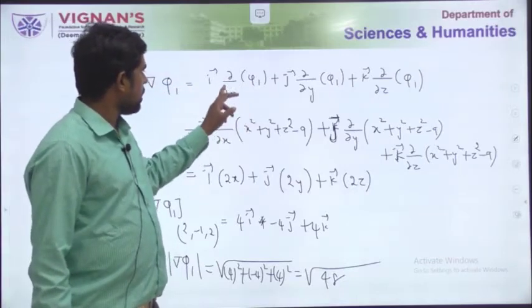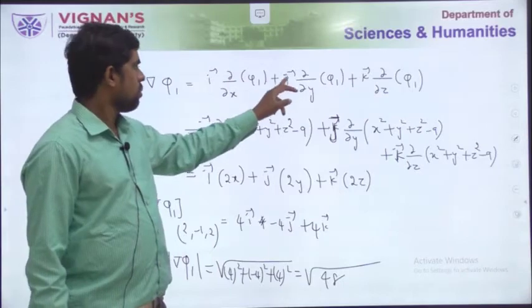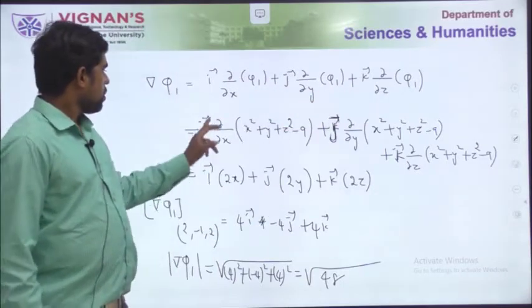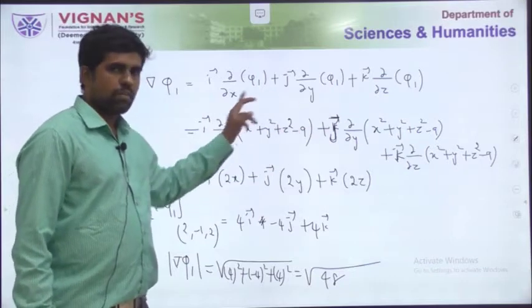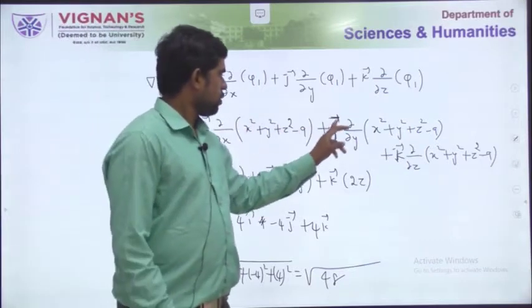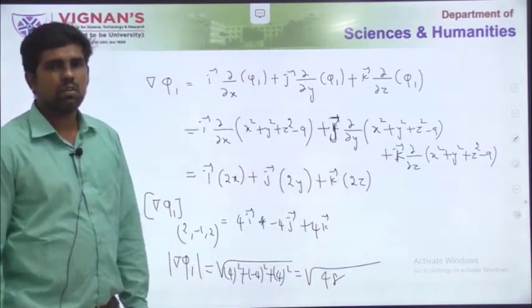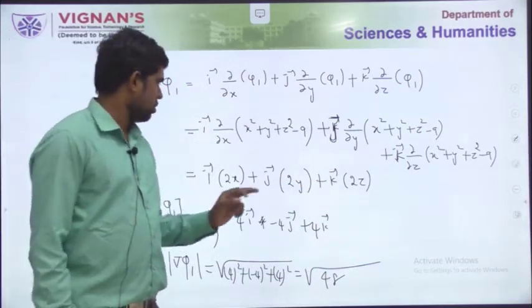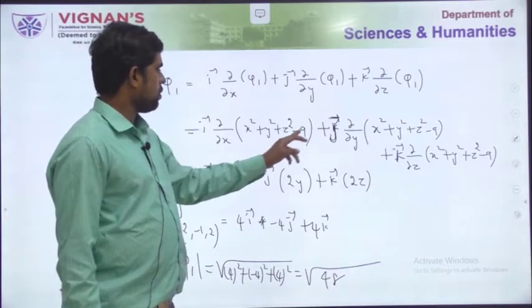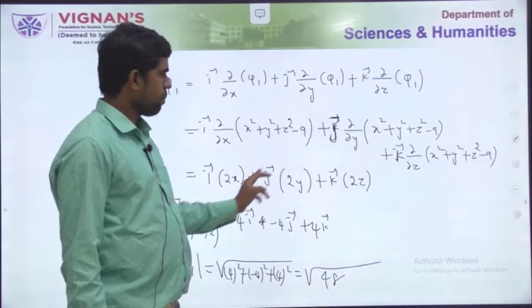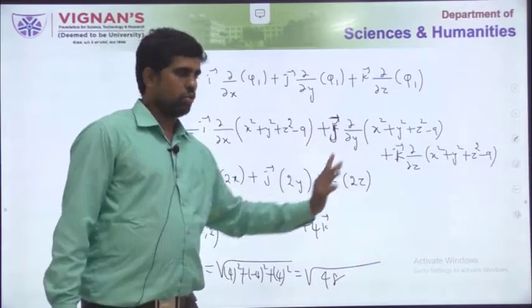So by the definition, i into dou by dou x of that first surface plus j into dou by dou y of that first surface and k into dou by dou z of that first surface. The derivative of this function with respect to x is 2x, obviously, 2y, 2z.